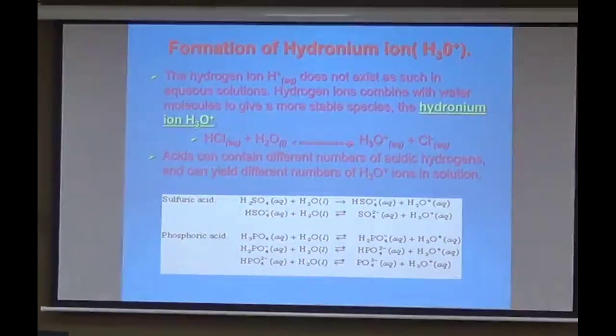In one case, bisulfate ion HSO4- is formed when there is partial replacement of hydrogen. And in the second case, sulfate ion SO4 2- is formed when there is complete replacement of hydrogen, because the basicity of sulfuric acid is 2. So in one case there will be partial replacement of hydrogen, and in the other case there will be complete replacement of hydrogen.